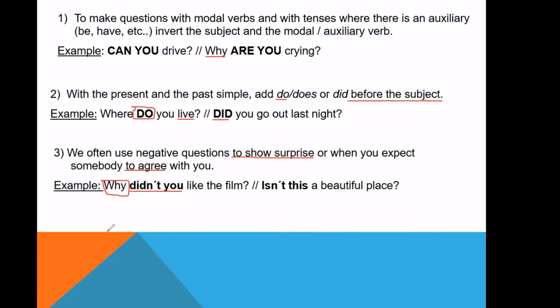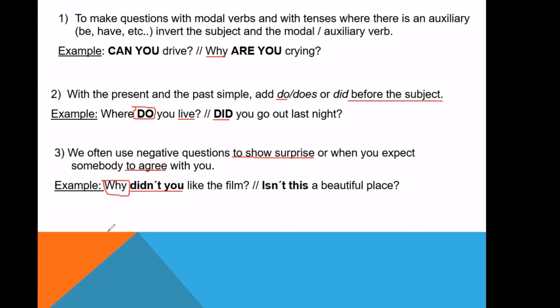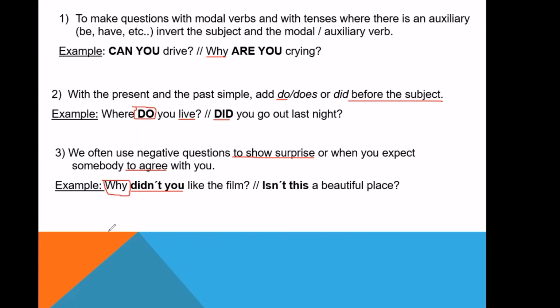The second example that I have here, I'm expecting my interlocutor to agree with me or not. We are in a place which I think is beautiful. Then I turn to you and ask, isn't this a beautiful place? The intonation has to show your intention. Isn't it a beautiful place?